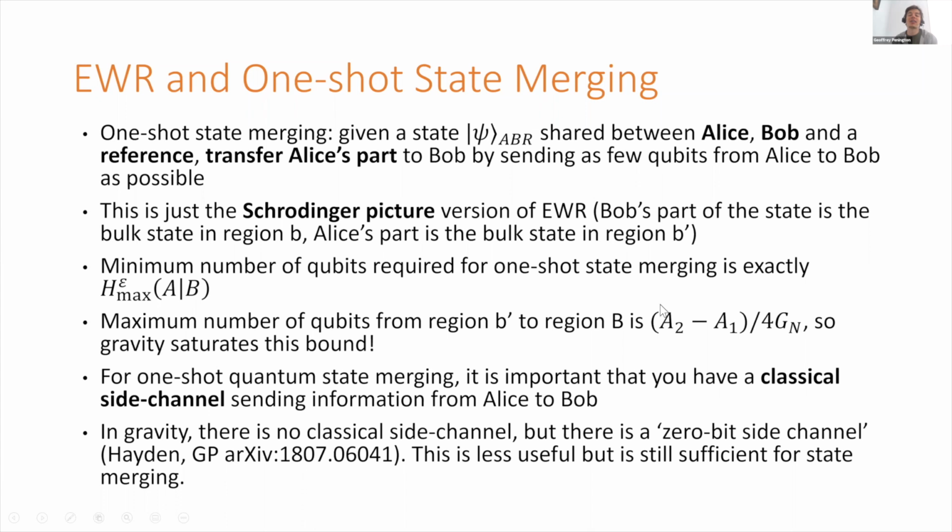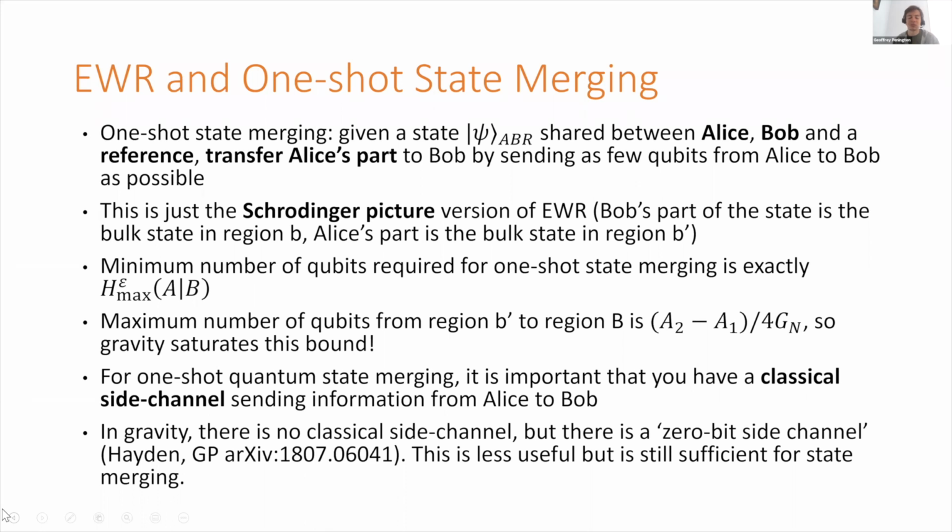So what it means is that rather than there being just one e to the delta A dimensional subspace of little b prime that he can decode, he can decode any e to the delta A dimensional subspace of little b prime. And being able to do that is more useful than just being able to decode one particular subspace. It turns out that going from one particular to any subspace gives you the same utility as being able to send classical information on the side. Does that answer your question?